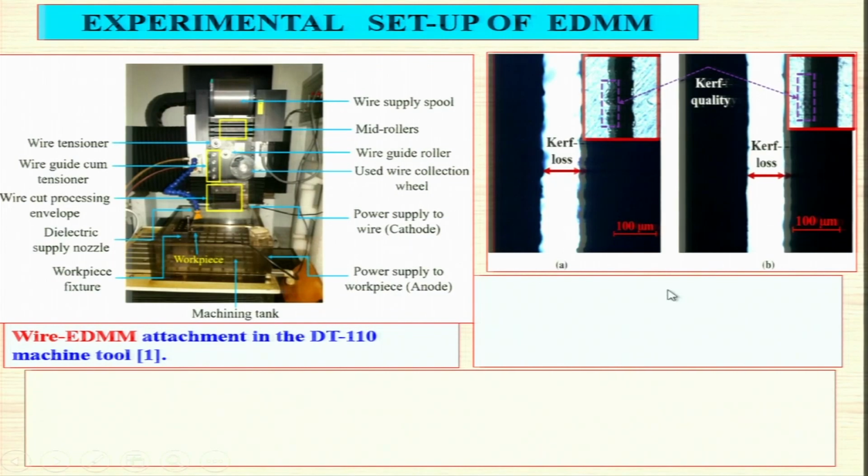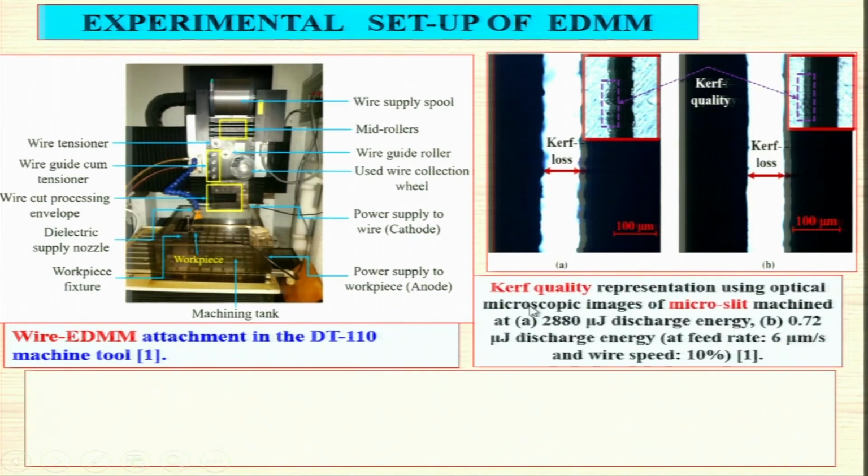Here you can see nice pictures of kerf quality. Kerf quality is nothing but this is the kerf, where the material has been removed by the wire EDMM or wire EDM process, and this portion which has been cut is known as kerf, and whatever portion is removed is known as kerf loss.